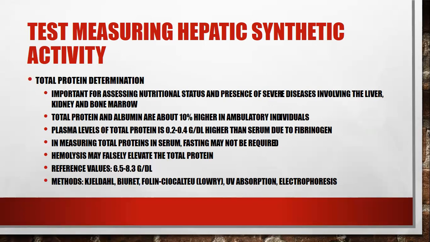Now, another method of determining protein is via UV absorption. Okay, so remember you have learned in the previous lectures that protein basically absorbs light. So it absorbs light at what wavelength? At 280 nanometers and at 210 nanometers. Absorption at 280 nanometers is due to tryptophan, tyrosine, and phenylalanine.